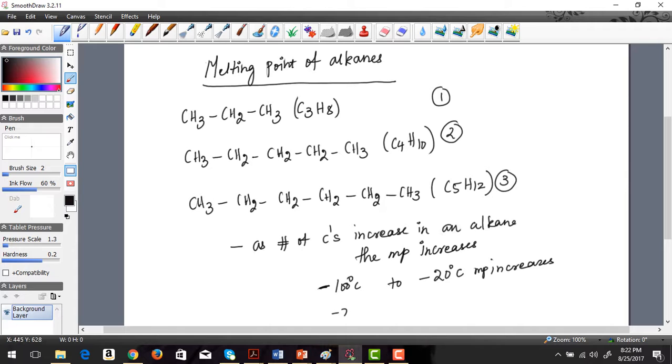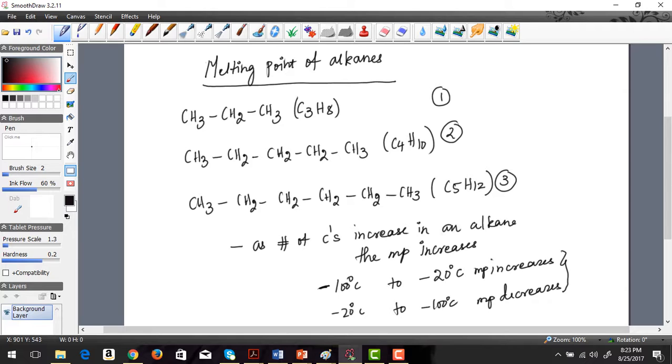Say if you've gone from minus 20 degrees to minus 100 degrees, then we say melting point decreases. I guess they were thinking of it more visually than what people use in their daily life. When you say melting point decreases, it means you're going to more and more freezing temperatures. When you say melting point increases, it means you're getting closer and closer to the warmer or hotter scale. Does that make sense?